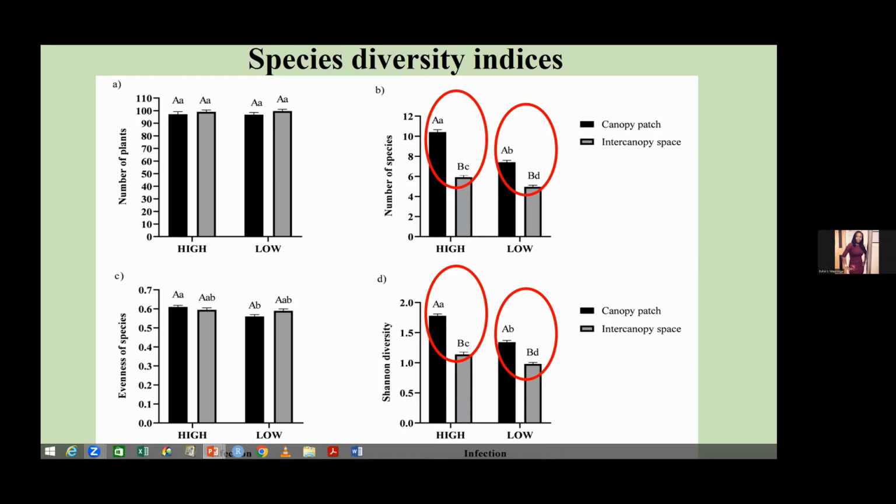But in general, across the 4 microhabitats, high mistletoe-infection canopy patches had between 52% and 45% more species richness and diversity, respectively, than the low mistletoe-infection canopy patches, which had the lowest species diversity and richness.